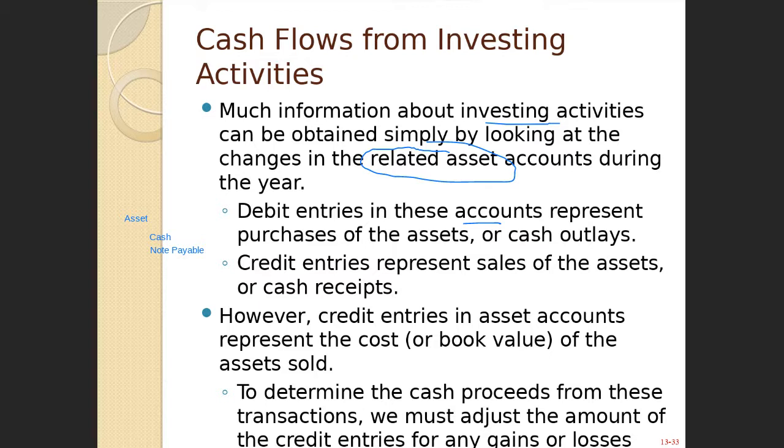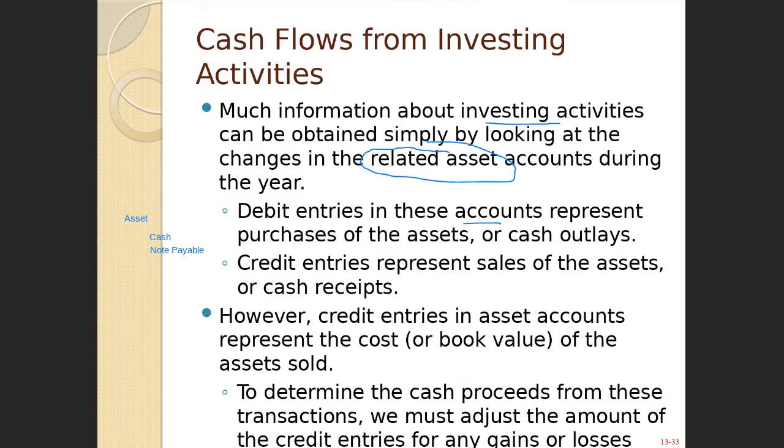However, you could also see credit entries in the asset accounts. When the asset accounts decrease over the course of the year, what does that mean? That means that assets were sold. When assets are sold, what is the possible journal entry? What is one of the debit accounts that could be affected when an asset is sold?